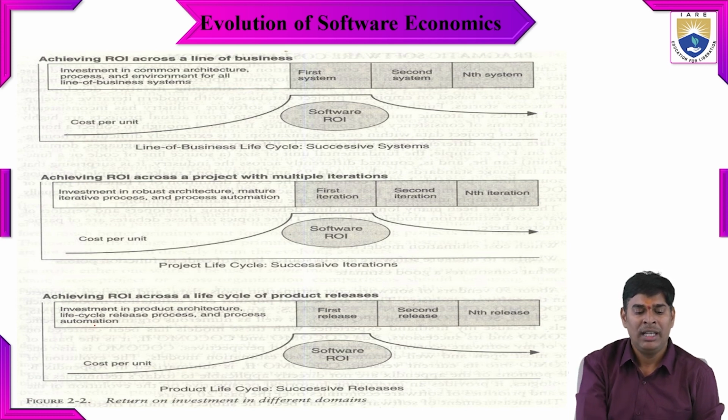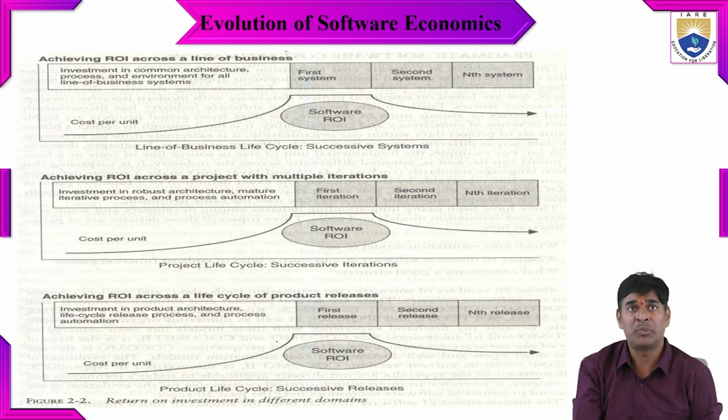The next one is achieving the ROI across the life cycle of a product release. Here the last stage is nothing but the release of the software products. So it is investment in product achievement, life cycle release process, and process automation. It means the completion of the product achievement and the different types of releases they are going to use.